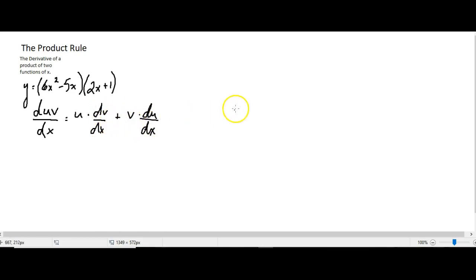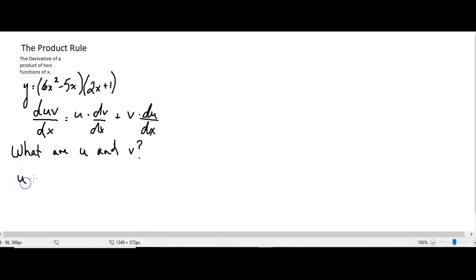So right away it's a good idea to state what u and v are. So what are u and v? These are the things you're going to ask yourself when you get started.